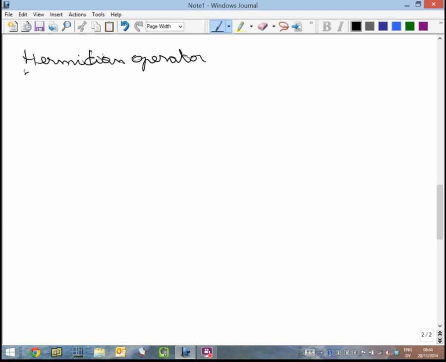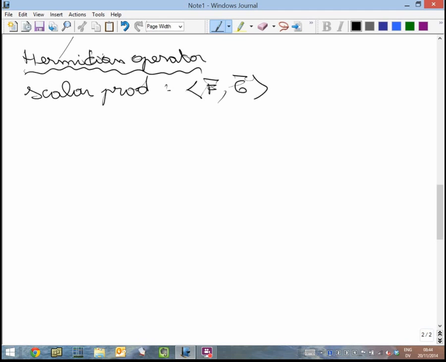What are Hermitian operators? Well, in order to discuss this, we first need a definition of a scalar product. Remember from previous chapters, scalar products, you can define them in many ways. You have a bit of a degree of freedom to fix that. In this chapter, we'll be looking at the scalar product between two functions, f and g, and we're going to define this as a volume integral of f complex conjugate times g, like this.